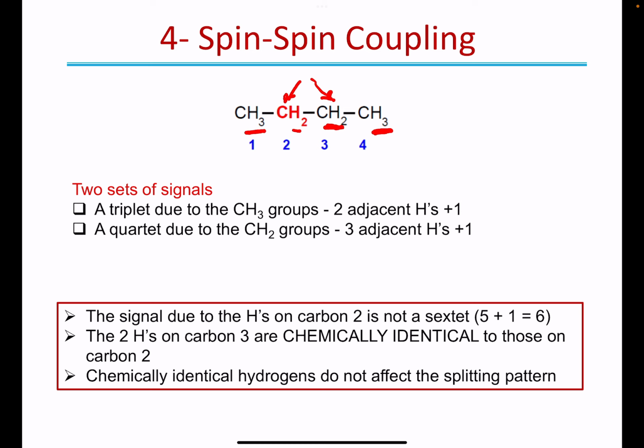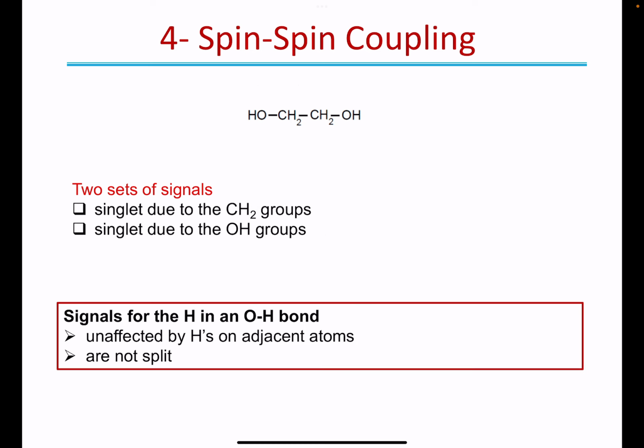On the other hand, the CH2 and CH2 on carbon 2 and 3, they are chemically equivalent. They will not split each other. However, adjacent to them on the other side, there are 3 protons on the adjacent carbon, and these 3 protons will split the signal of the 2 protons into a quartet, or split into 4.